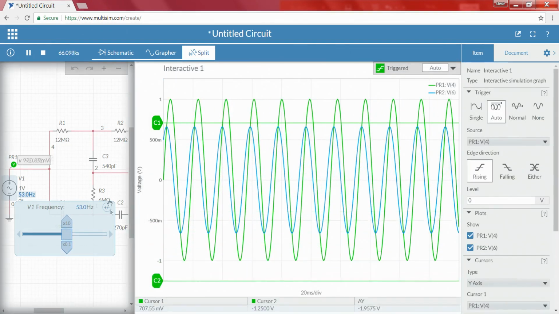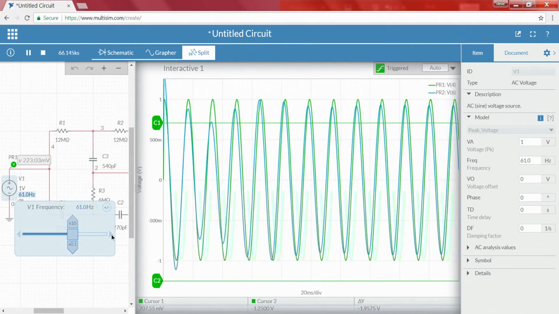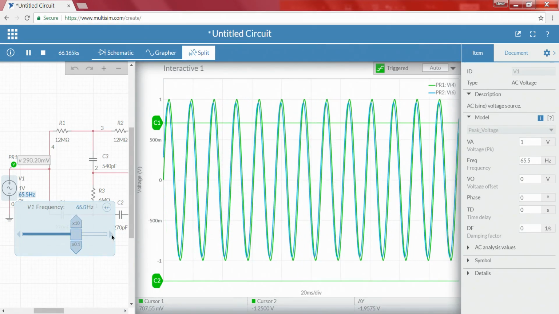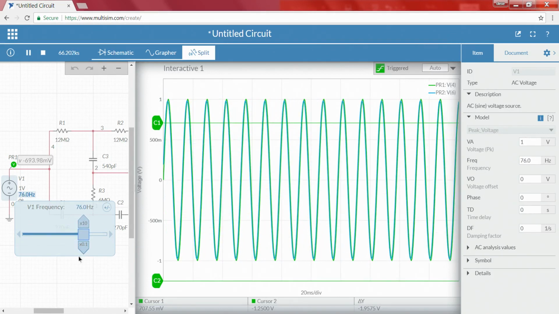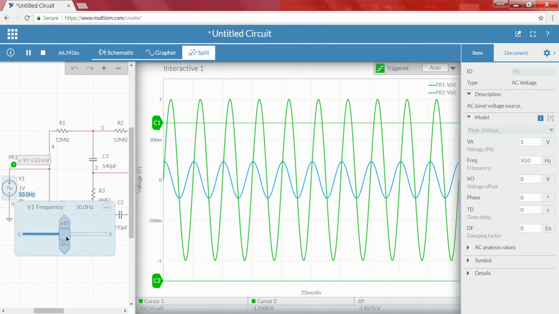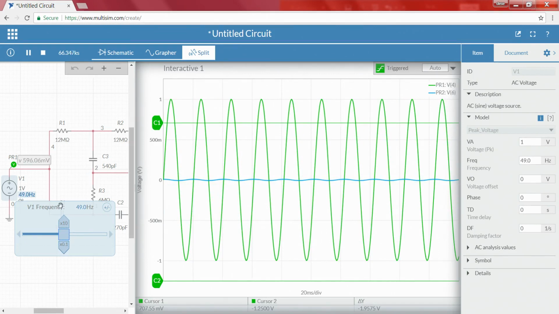But as the frequency is greater than the value, again it follows the input, right. So, this we can clearly understand, whether the filter that we have designed can cut off very close to the 50 hertz frequency or not, right.